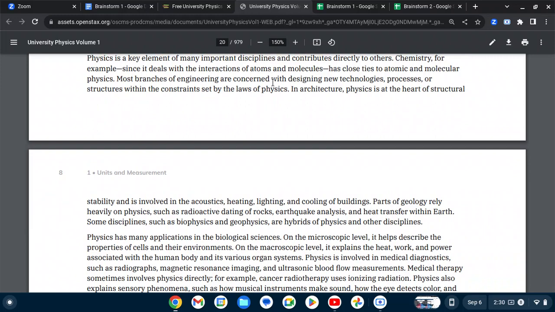In architecture, physics is at the heart of structural stability and is involved in the acoustics, heating, lighting, and cooling of buildings. Parts of geology rely heavily on physics, such as radioactive dating of rocks, earthquake analysis, and heat transfer within Earth. Some disciplines, such as biophysics and geophysics, are hybrids of physics and other disciplines.